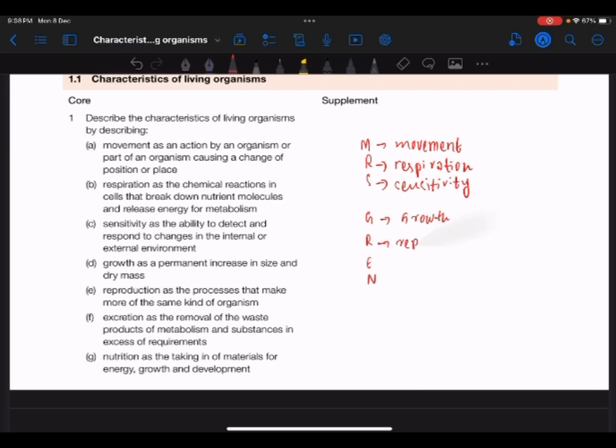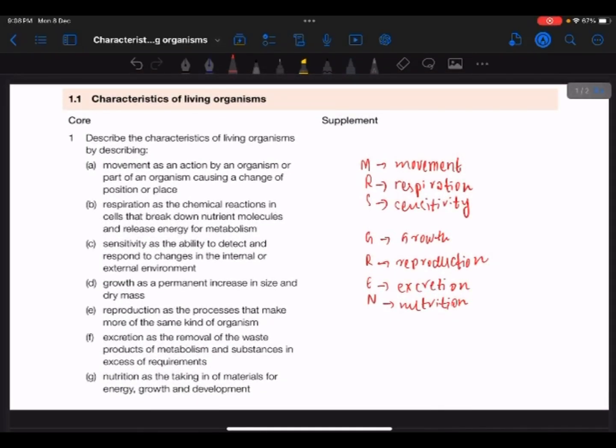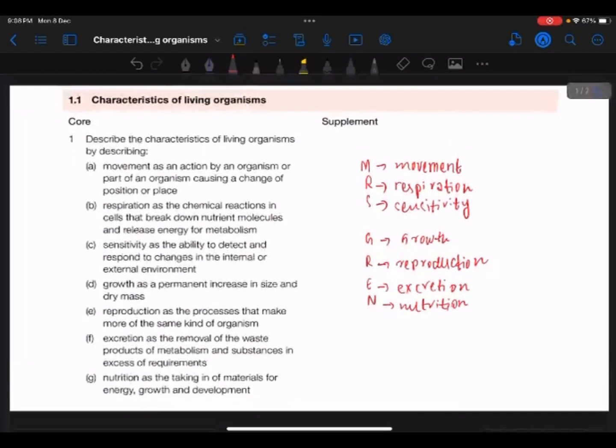The second R stands for reproduction. Very important. E stands for excretion. N stands for nutrition. Super basic, nothing too complicated, you guys. I don't think anyone will really have trouble with this part of the chapter.